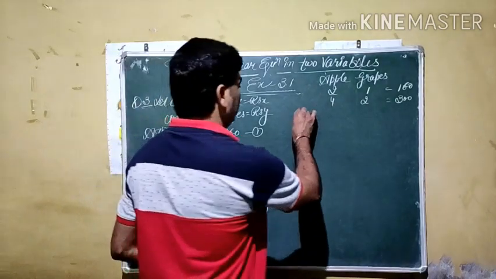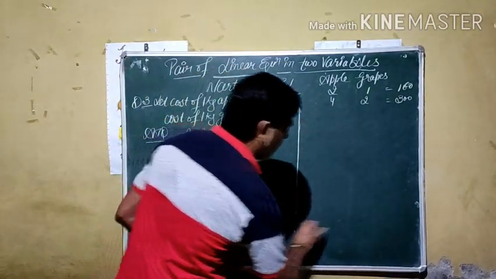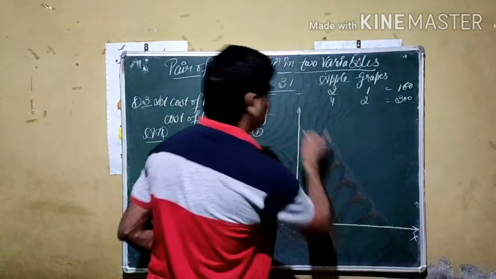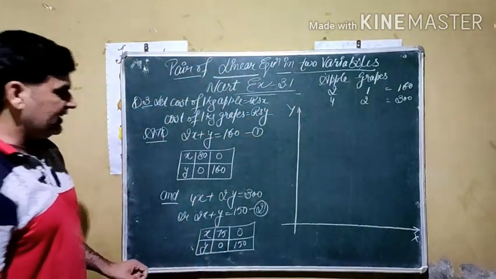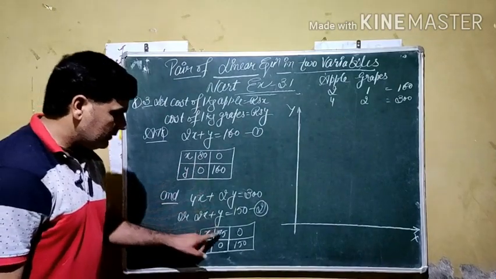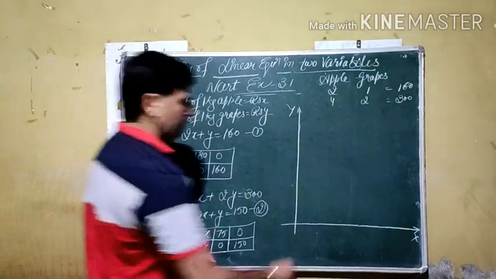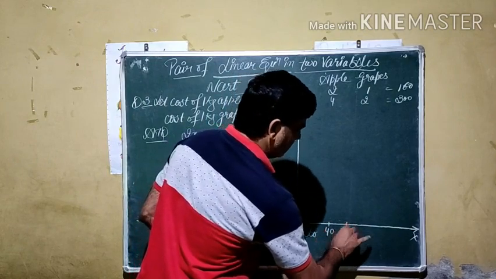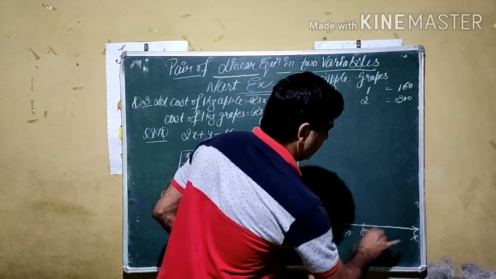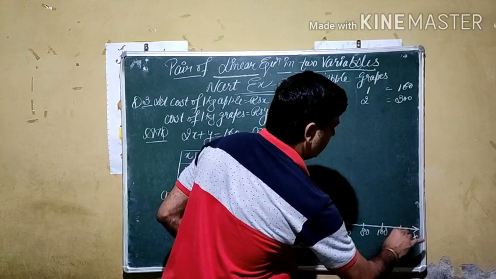So we are taking all the values positive, only the first quadrant, positive x-axis and positive y-axis. We are taking one square box as 20 here. We are taking 20, 40, 60, 80, 100, 120.